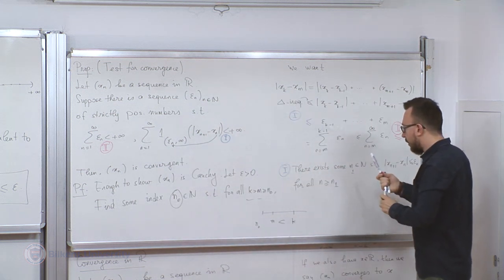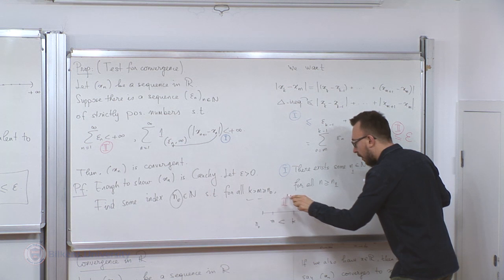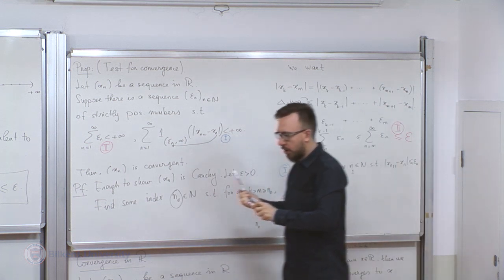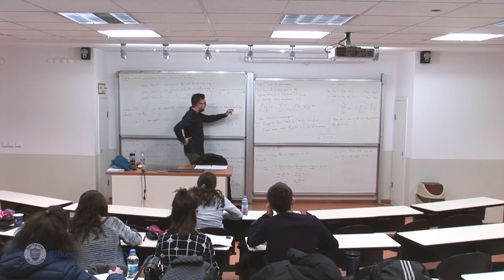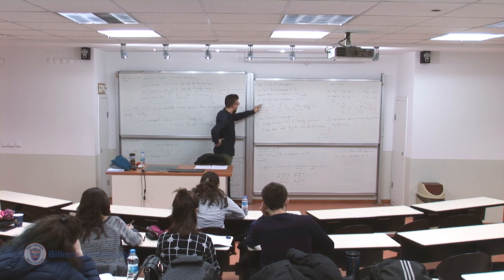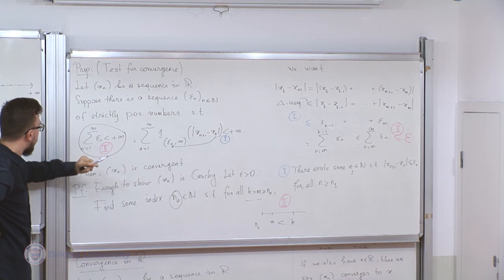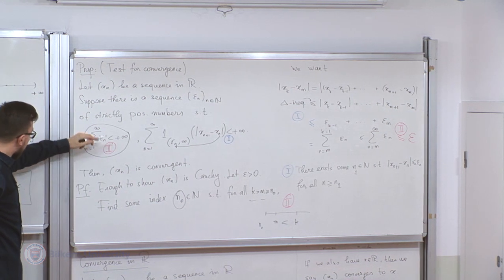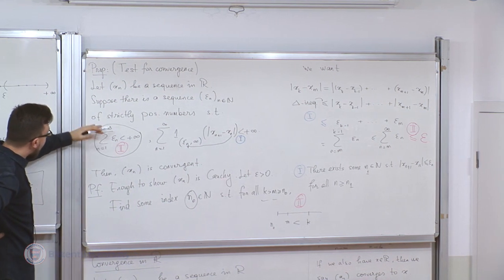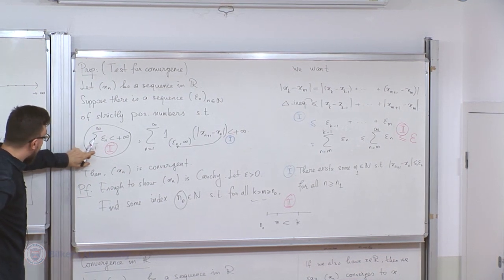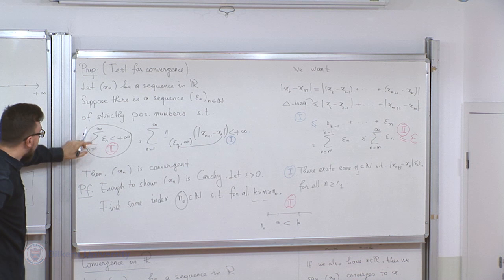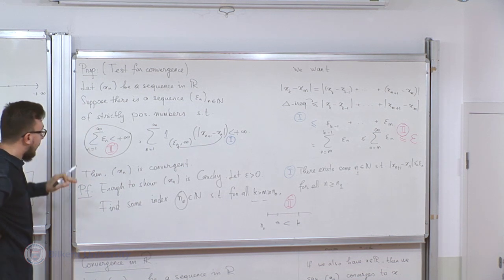Okay, and let's use number 2. So since this is an infinite sum, I can see it as the limit of its finite sums. So n1 to k converges to n1 to infinity, right?